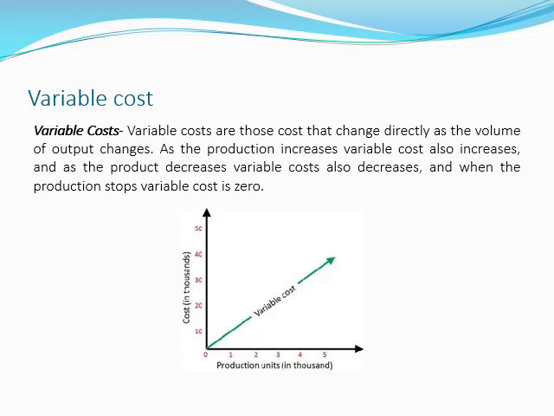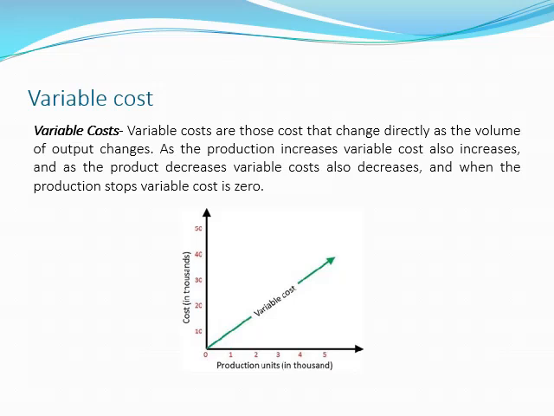So variable cost can be considered as the dependent variable. Dependent variable depends on the level of output. As the production increases, variable cost also increases.